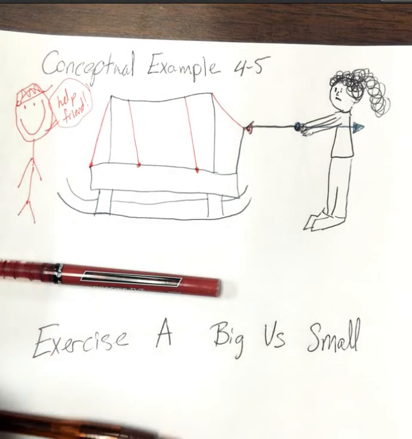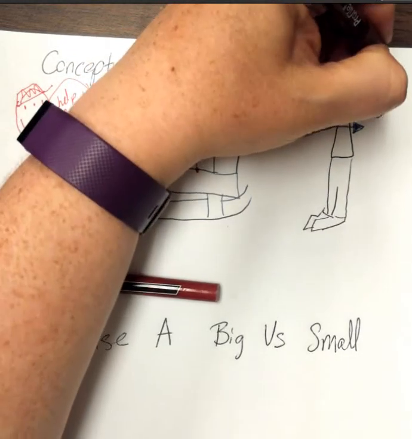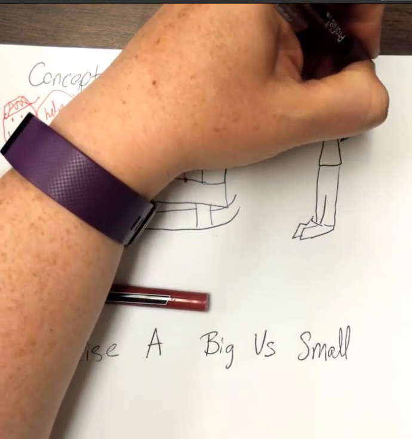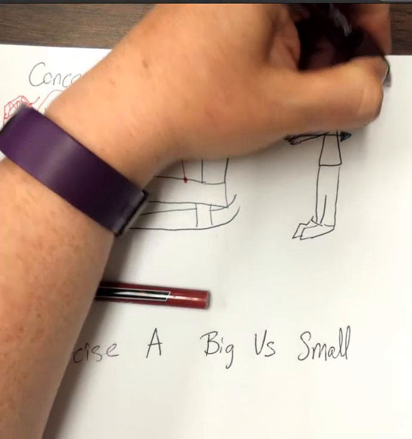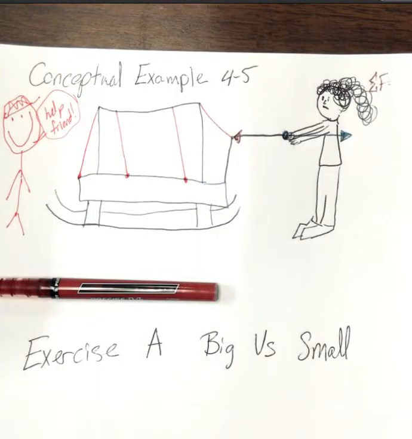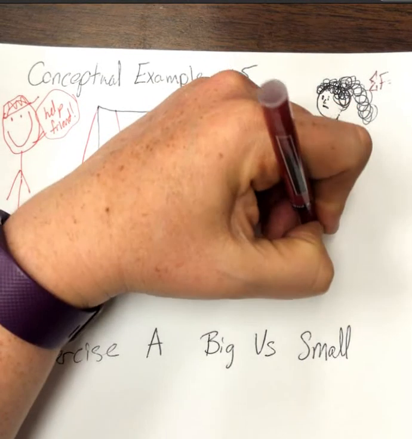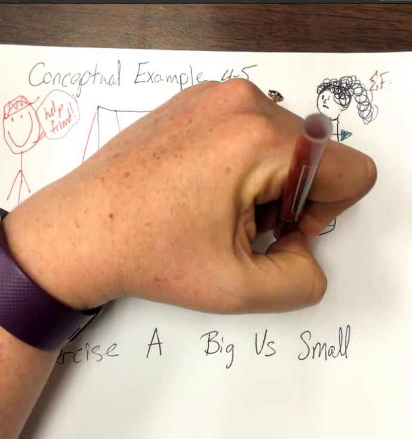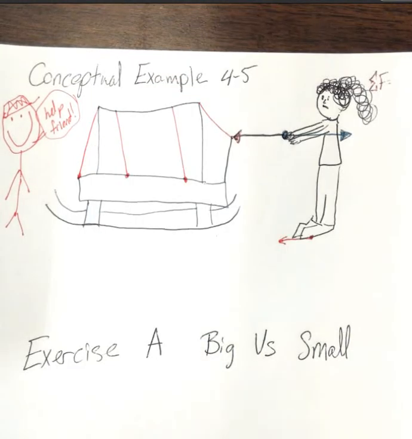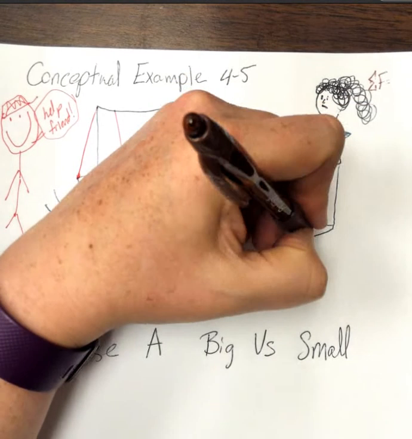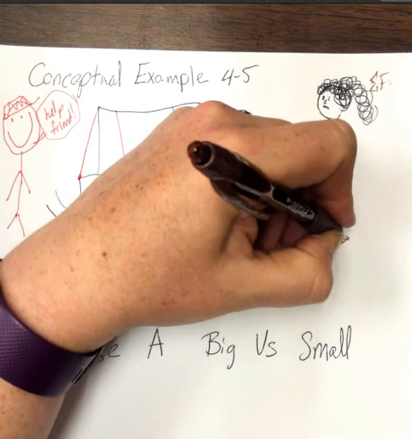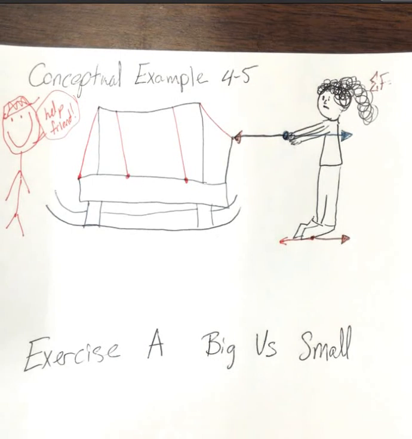If we're going to do the net forces of you, what other forces are you experiencing? Well, it turns out that you are pushing on the ground in order to pull the sled, and the ground is pushing on you.